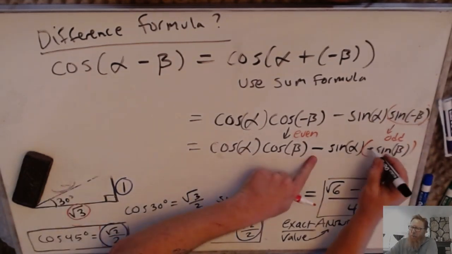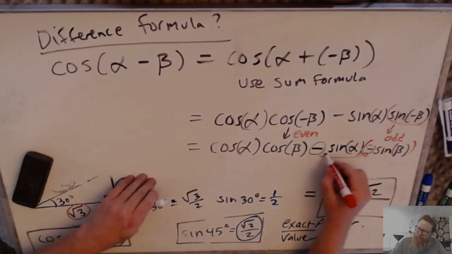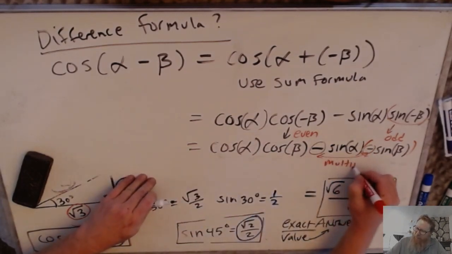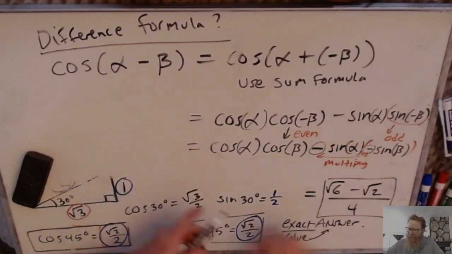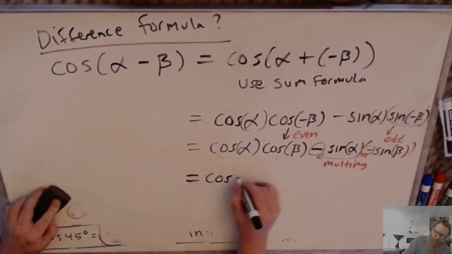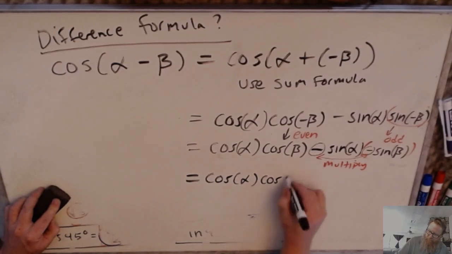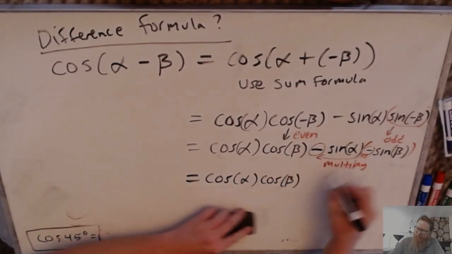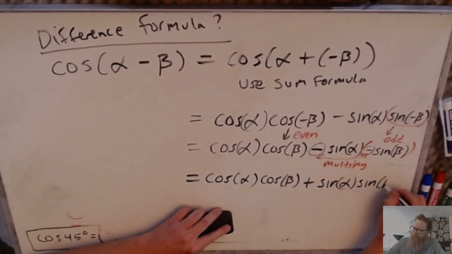Now remember, you're multiplying these guys. You're not adding them, you're multiplying them. So this is a negative times a negative. So this is going to become negative, negative, positive, sine alpha, sine beta.